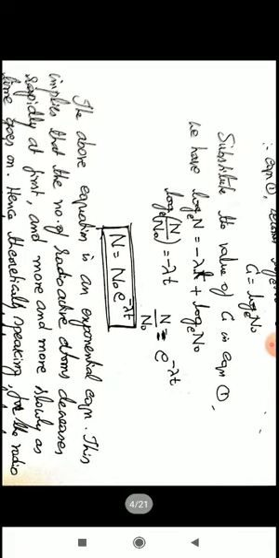The above equation is an exponential equation. This implies that the number of radioactive atoms decreases rapidly at first and more slowly as time goes on. Hence, theoretically speaking, for the radioactive element to disappear completely, an infinite time is required.